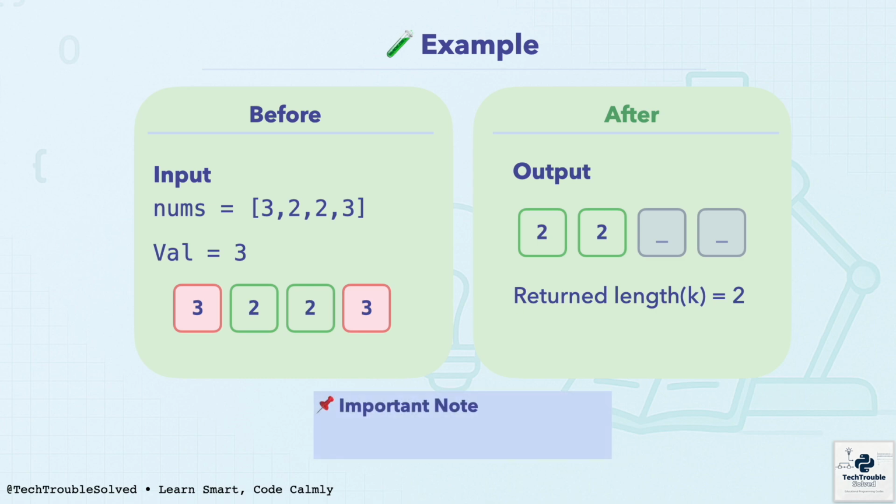The elements after the first two positions do not matter. They can contain any value and we can safely ignore them. So our goal is not to rearrange the whole array perfectly. Our goal is to make sure that the first k elements are valid. Now let's see how we can achieve this efficiently.